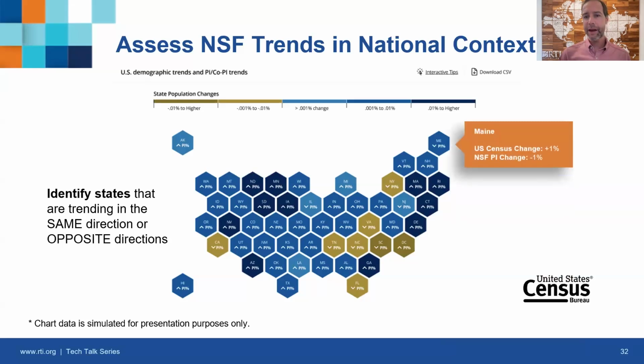So again, this is not real data, but looking at the state of Maine, for example, we see a discrepancy. There's a change in the Hispanic population where it's increased by 1% over that 10-year period, whereas the count of PI proposals submitted by PIs with that same characteristic has declined. So here again, it's asking the question for Adesh, what might be driving that discrepancy? Where's the NSF leading or trailing these broader national trends?